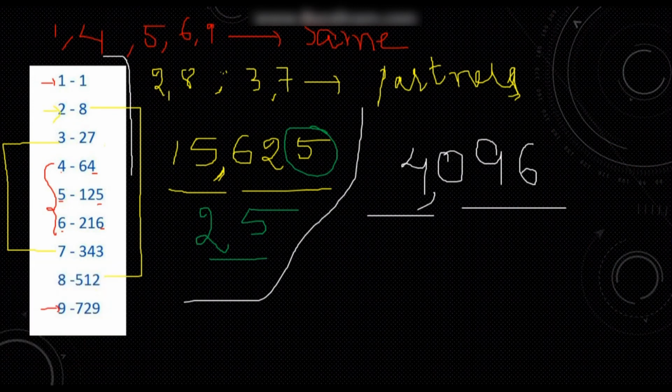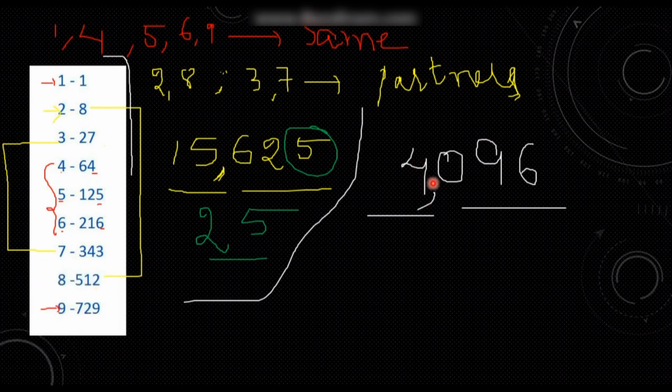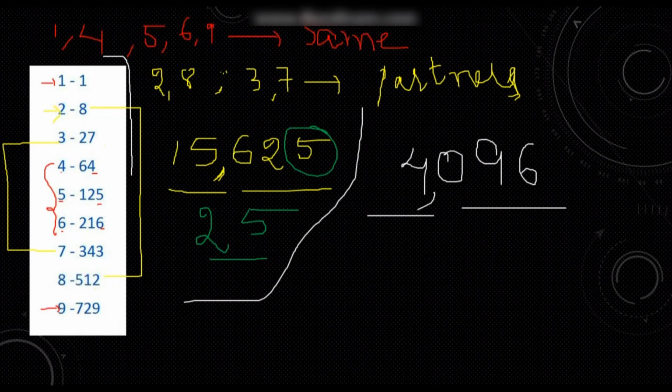This 4 is in between 1 and 8, so in the cube root it is in between 1 and 2, and as I said, we take the smaller number, which is 1. For 096, similarly as with 5, when we get a 6, blindly put a 6 here. So that's it. 16 cubed is 4096.